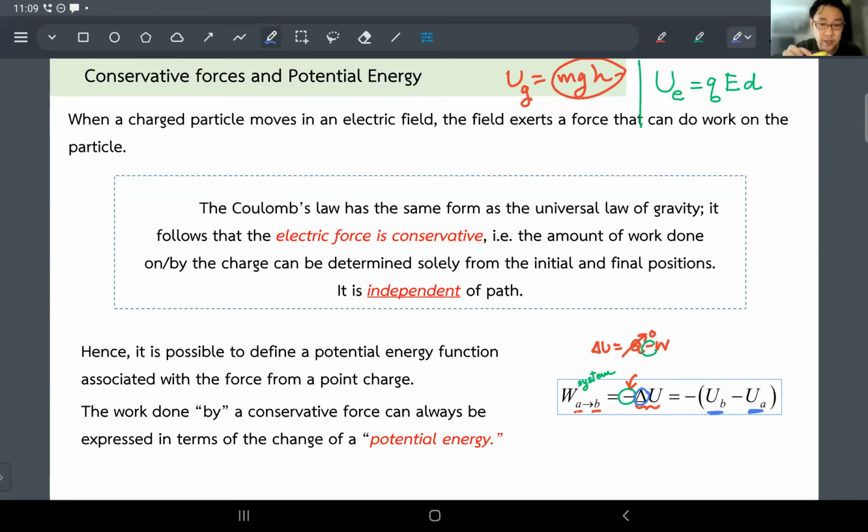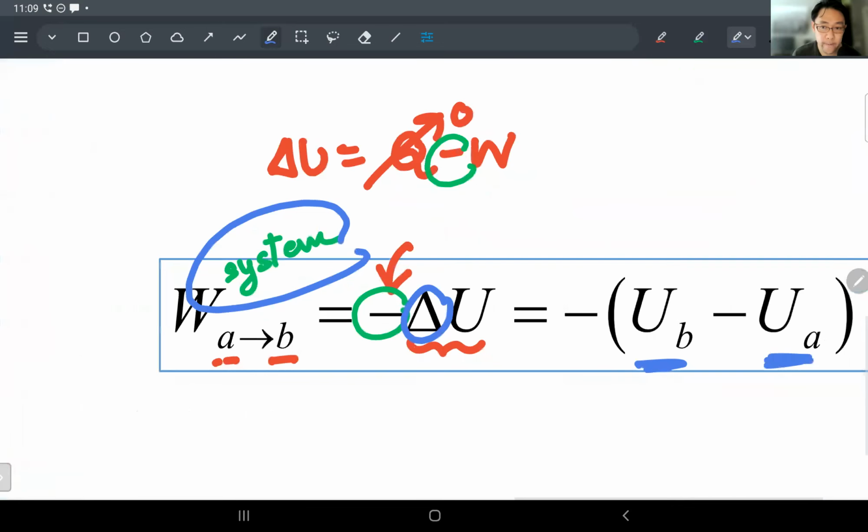Here comes the question. Who does the work? Who is doing this pulling of the mass from the top of the screen down to the bottom? The answer is the gravity itself. And right now, the gravity is our system.